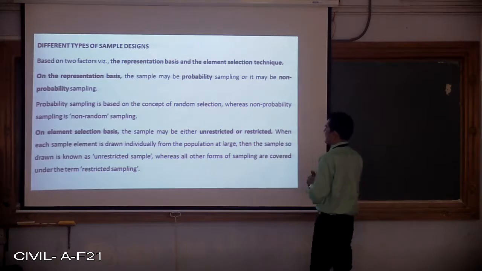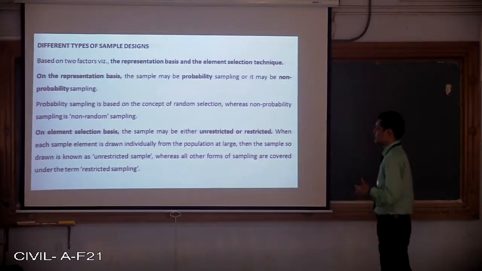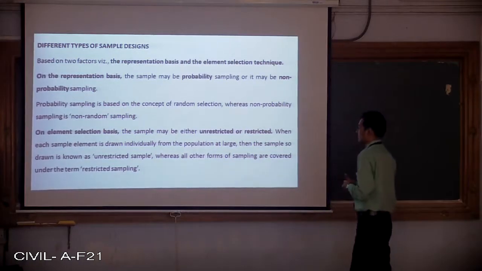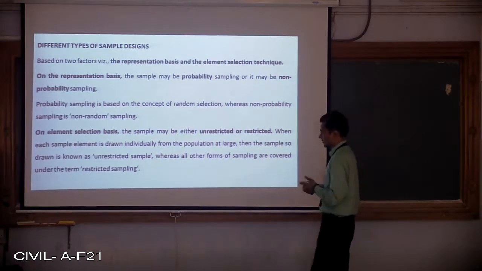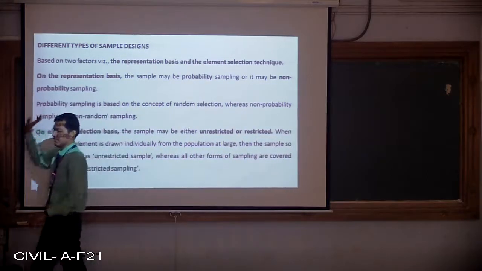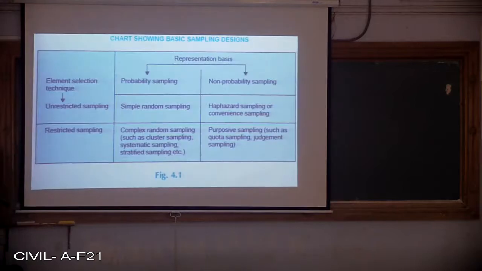On the element selection basis, a sample may be either unrestricted or restricted. When each sample element is drawn individually from the population at large, then the sample is said to be unrestricted. We are not going to deal with unrestricted and restricted because we will stick to probability and non-probability.